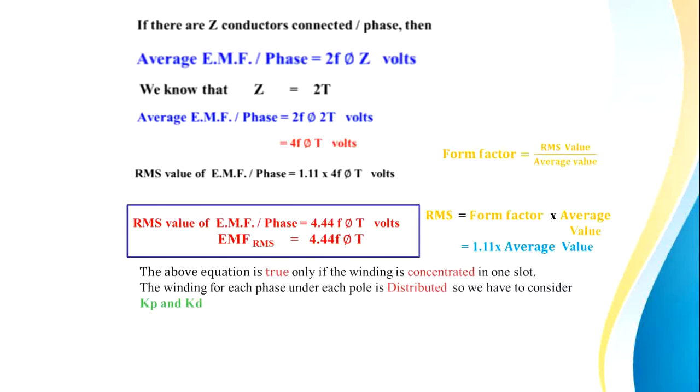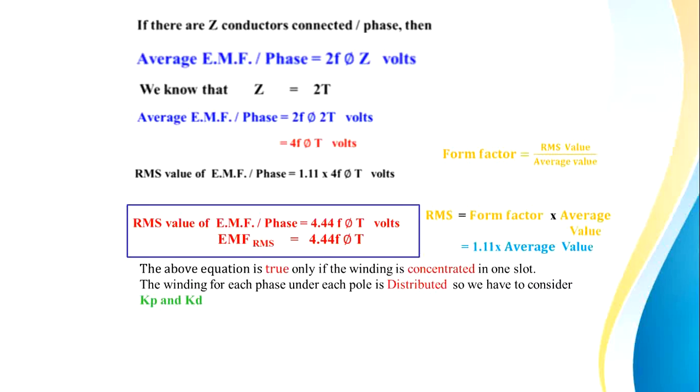This is the final expression of the EMF equation, but still some expression is yet to be derived, because the above equation is true only if the winding is concentrated. Now we need to consider the winding that is distributed.